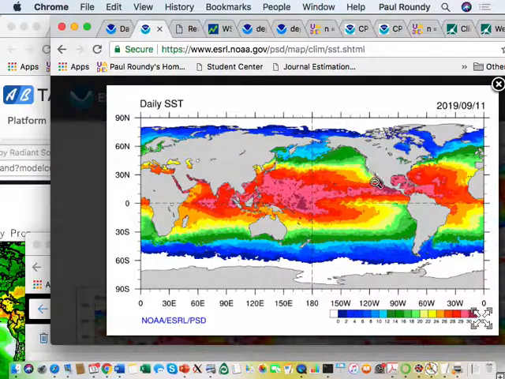There's a region of seasonally warm water near the coast of Mexico. Notice how the Atlantic region is absolutely cooler than the East Pacific and the Central Pacific regions.